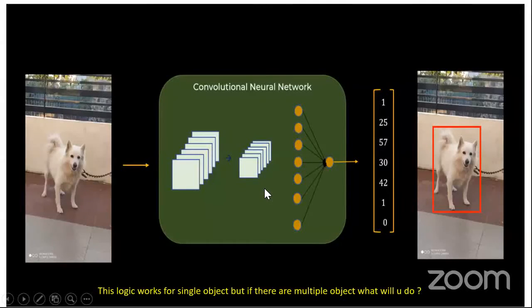So what do we have? We have an architecture: feeding an image, it will tell us the coordinates, whether there is an object, and which object it is. Isn't it far better than the previous architectures? In the previous architecture, we used an SVM classifier for classifying which object it is, and a bounding box regressor to tell us where the bounding box is, and then a CNN to extract the features.